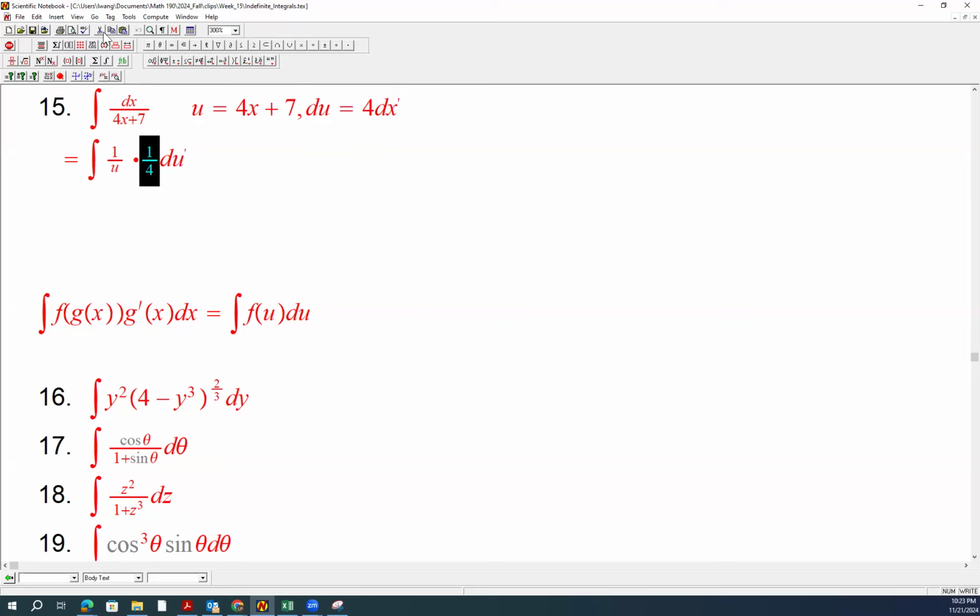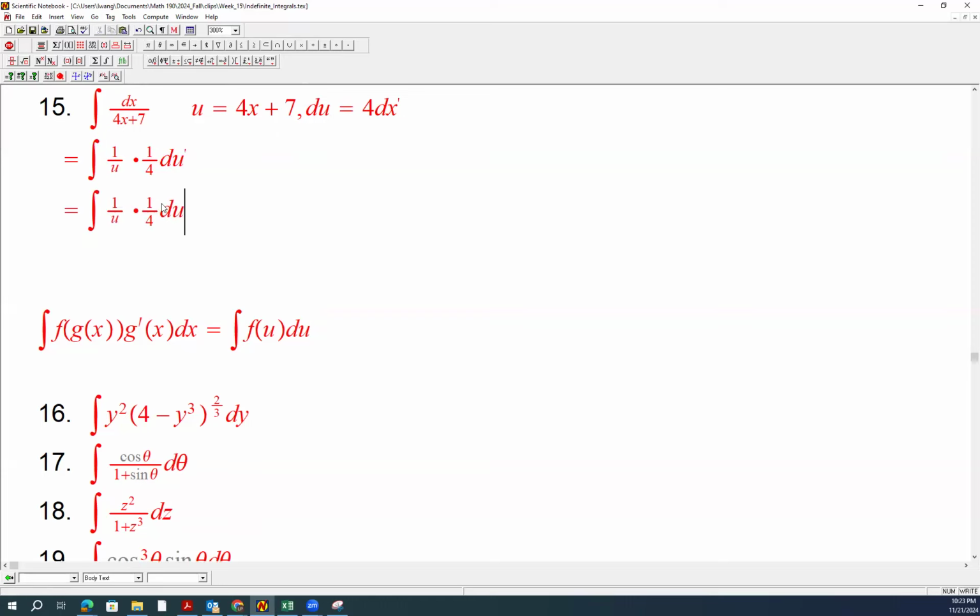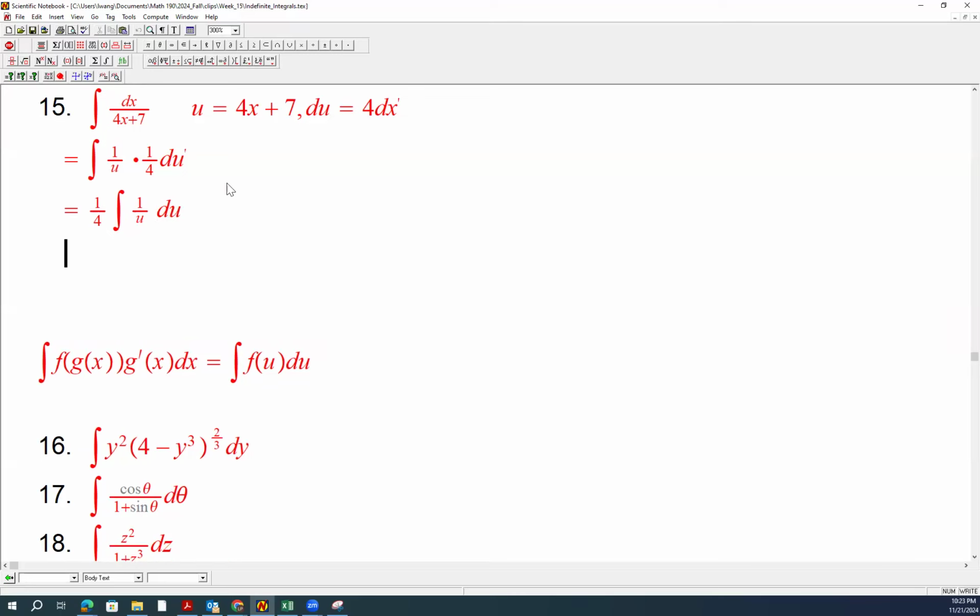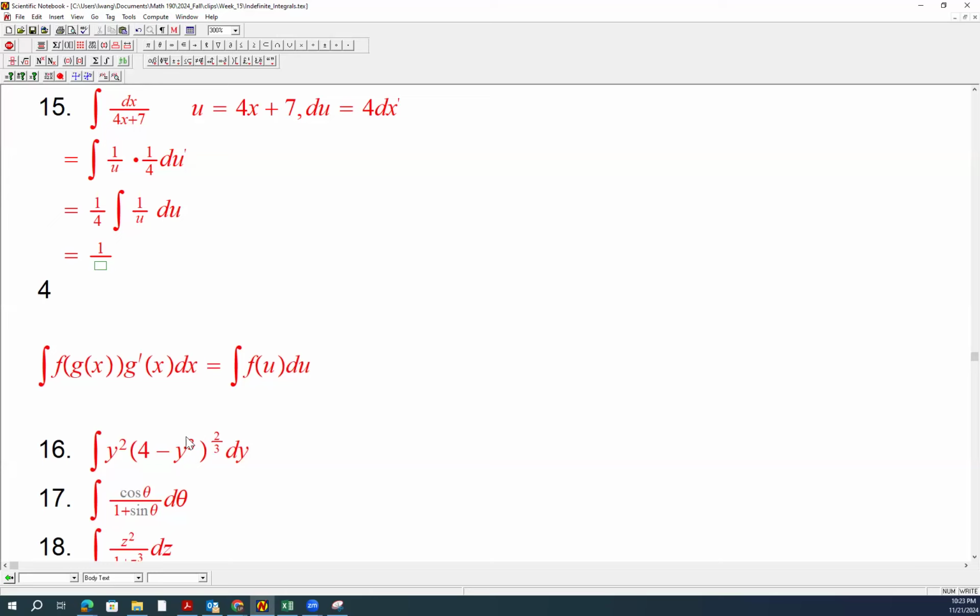And you can bring the quarter to outside if you want. Okay, the quarter is brought outside the integration. And what will be the antiderivative? 1 over u. Of course, everybody knows that. So that's a quarter ln absolute value of u.